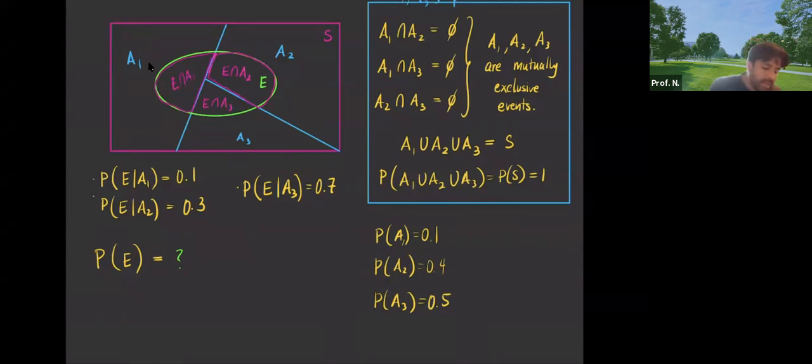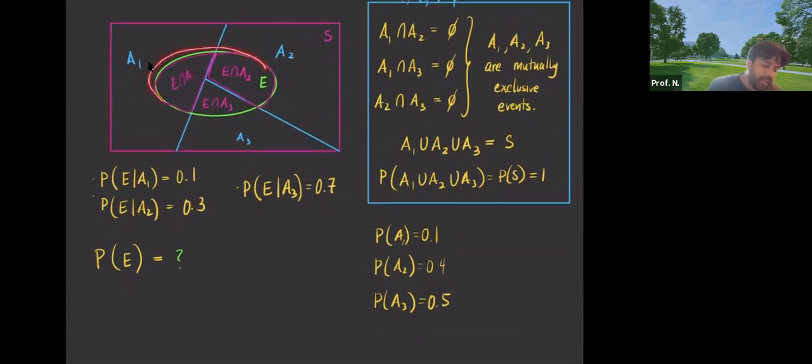In the way I use the partition to partition the sample space S, I'm also using the same partition to partition out E. So you notice A1, A2, A3 are all mutually exclusive. And because of this mutually exclusive way of dividing up the sample space S, E can also be expressed as a union of mutually exclusive sets.